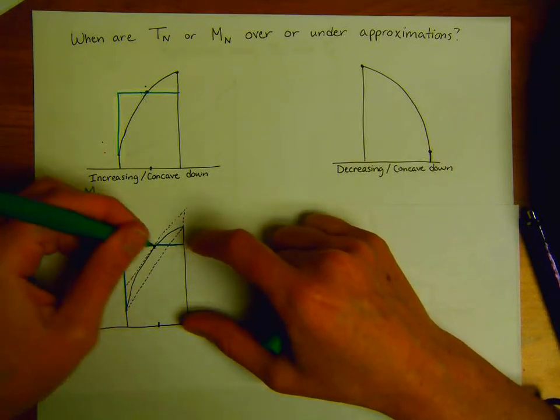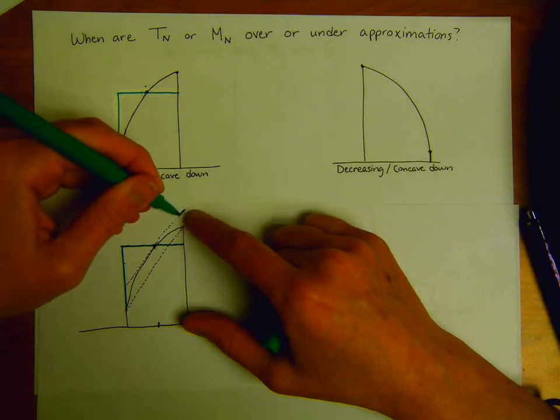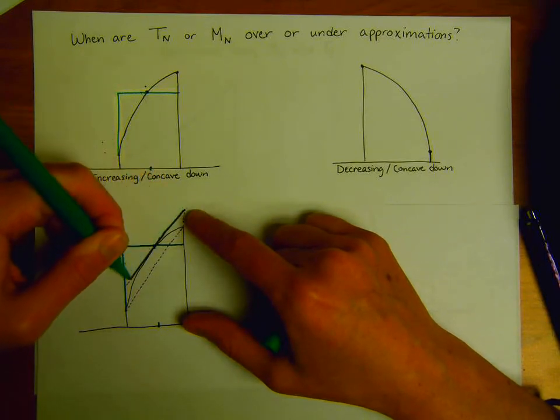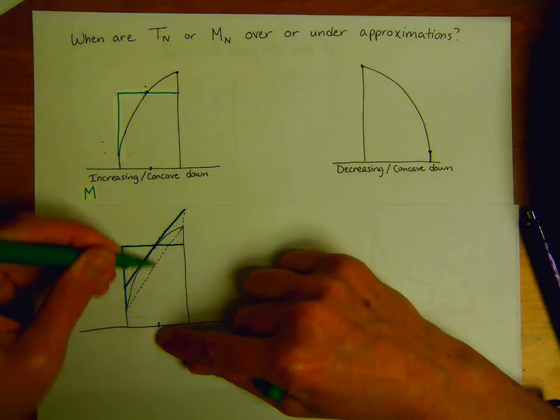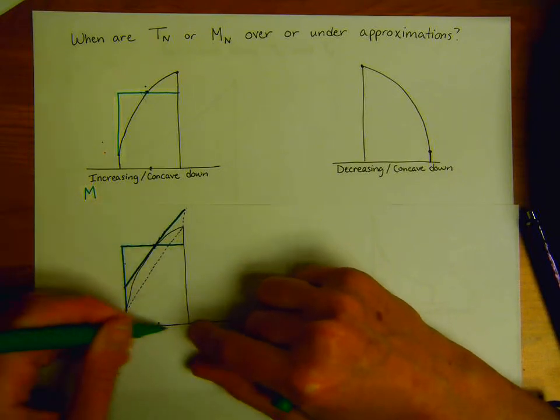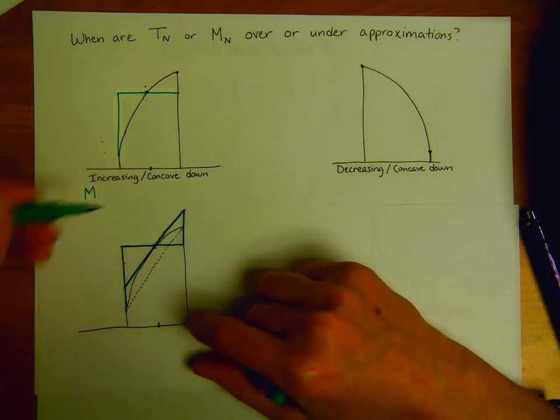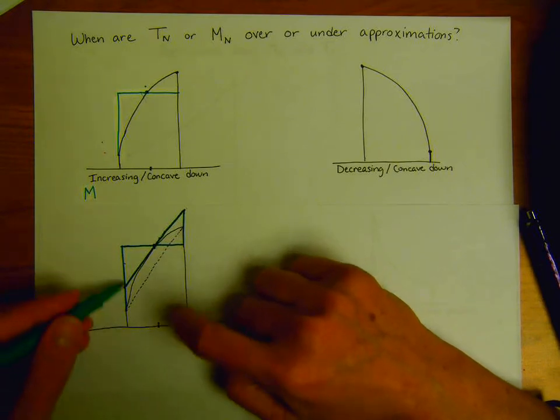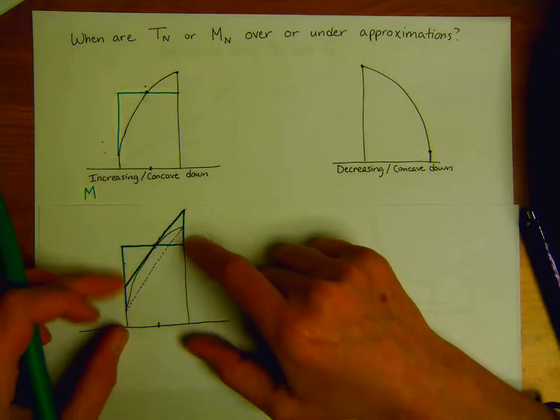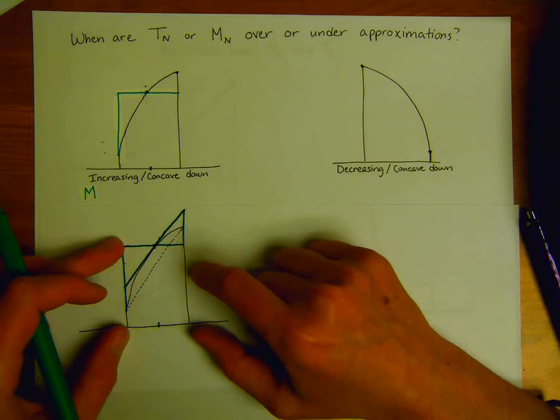Does that make sense? So I'm pivoting and creating a new shape, this new trapezoid. It has the same average height and the same width. So this new trapezoid has the same area as the original rectangle, the original midpoint rectangle.